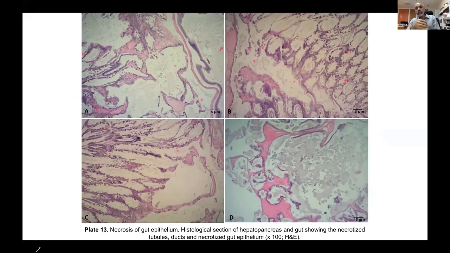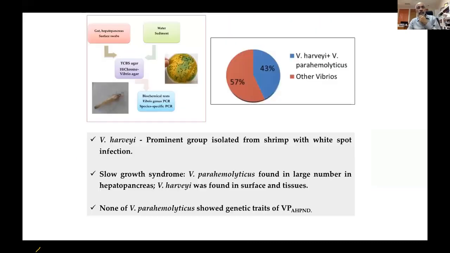That could be one of the reasons for the slow growth. That could also be one of the reasons for producing white feces, because this is the digestive organ, which plays a very key role in digestion, energy metabolism, and all those metabolic or physiological functions.